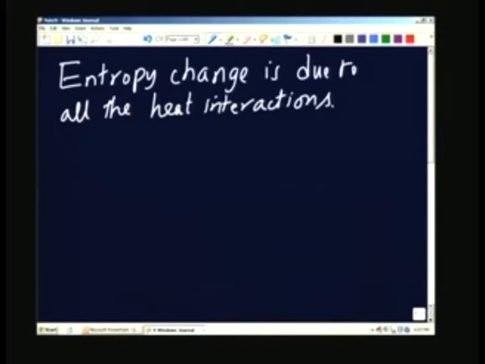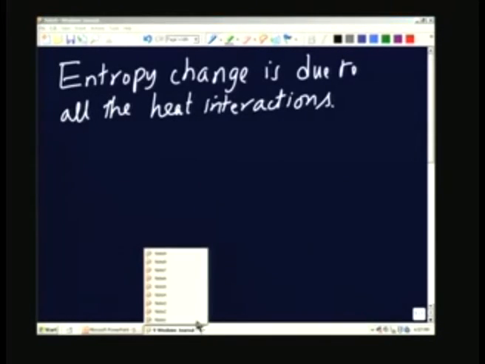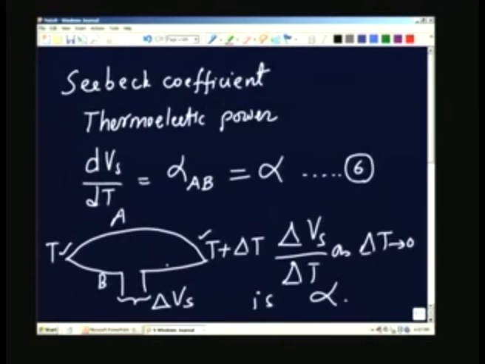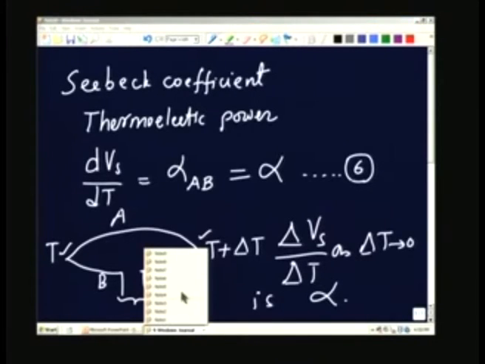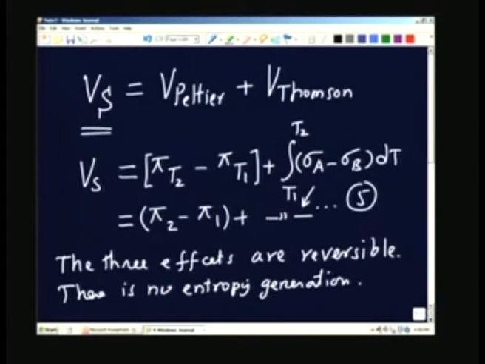Before we do that, let me also write the previous equation, equation 5, for a small difference in temperature between T1 and T2, just like what we did with respect to the Seebeck coefficient.